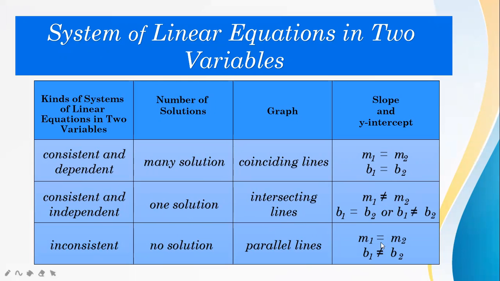Inconsistent system, the slopes are equal, but the y-intercepts are not equal. So your y-intercepts are unequal.